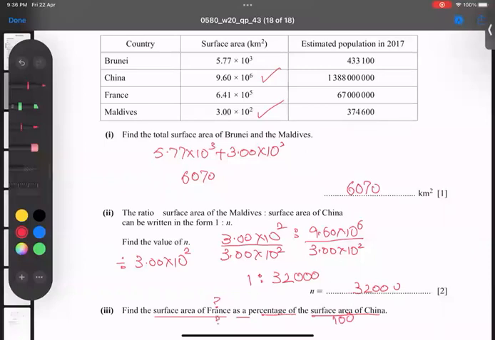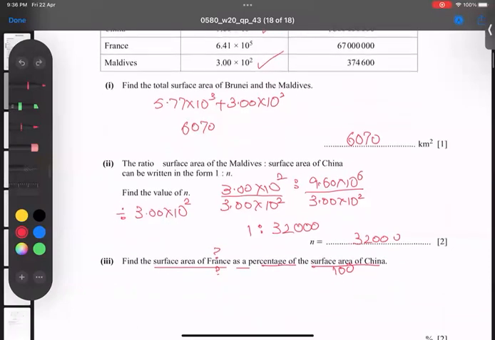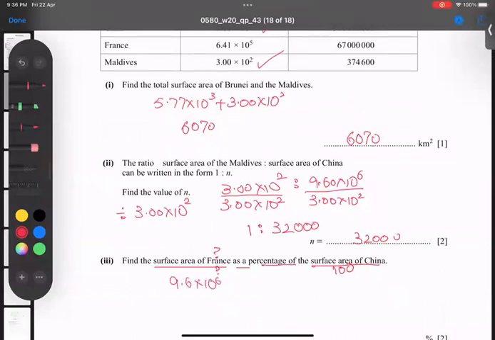The surface area of China we already have. So what is the technique? I will consider China, 9.6 into 10 to power 6, as 100%, and France, 6.41 into 10 to power 5, as a question mark, like F for France.